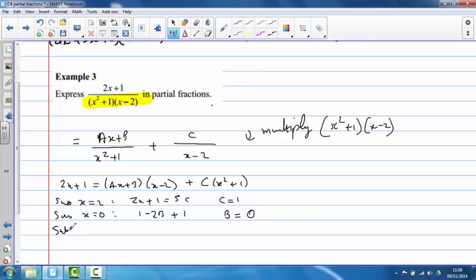And then, in fact, if we were to equate the coefficients to find out a, what we could do is equate the coefficients. Let's go back. Right, that's better.